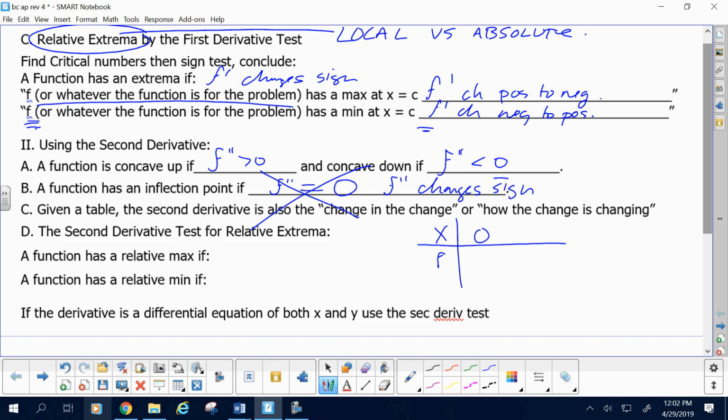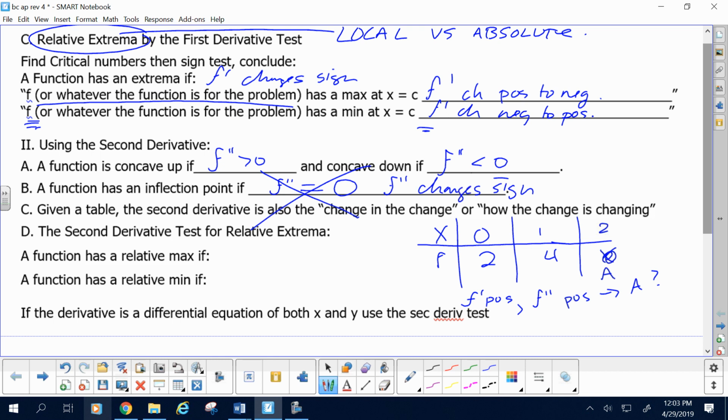If, for example, I said something like x is 0, 1, 2, and f is 2, 4, A, and I told you f prime is positive and f double prime is positive, what could you tell me about A? Give me one thing you could tell me about A. It's greater than 4 because f prime is positive. It's got to be increasing, so I know it's greater than 4. That might rule out a couple of choices.